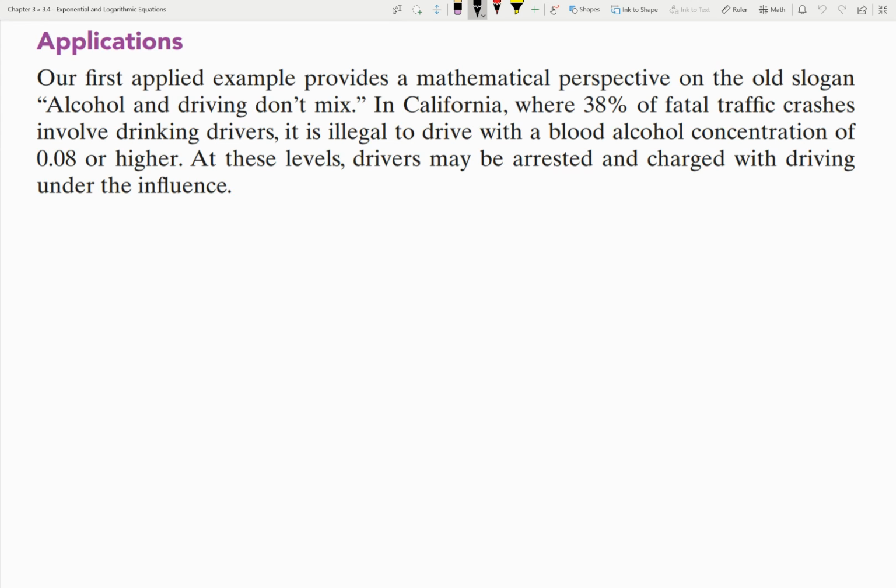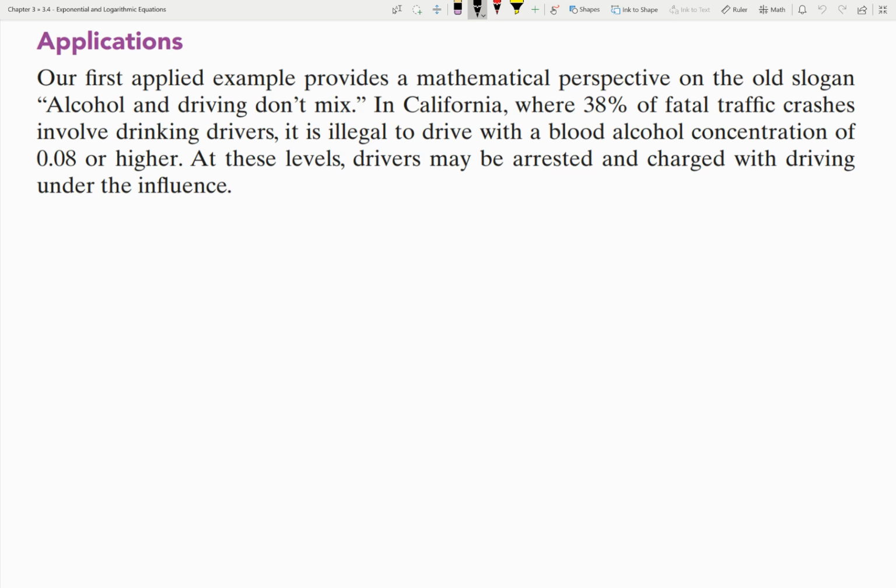So some applications. Let me just check, make sure both of those were the solutions. Yeah, okay, good. So applications just means word problems. Our first applied example provides a mathematical perspective on the old slogan, alcohol and driving do not mix, which is true.